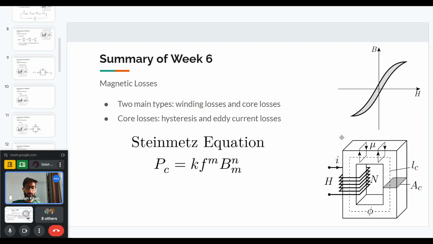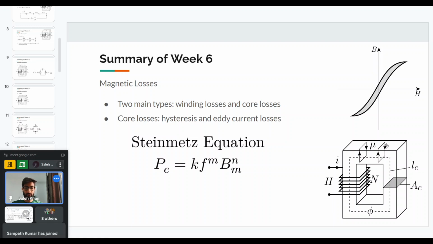And then because it is a magnetic field that is produced inside this core material, and we know that a magnetic field can produce an electric current, and depending on the resistivity of the core material, this electric current can have different values, and it will have associated losses with it, the I square R losses of the eddy current.